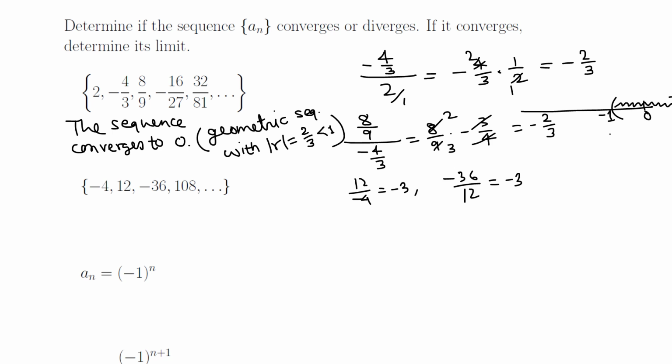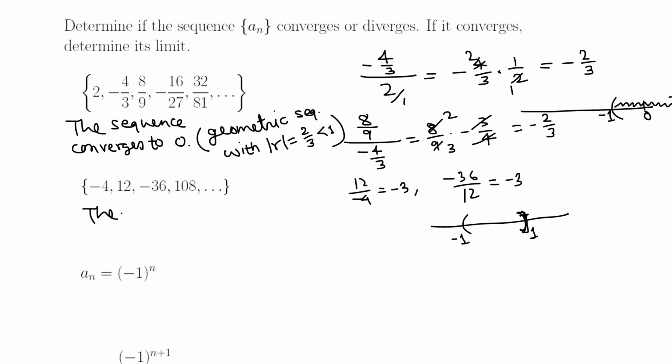If we look at the previous one, we have to have the ratio between negative 1 and 1 so that the limit will be 0. Even for 1, that's fine. When there is 1, the sequence still converges, but not at 0. So if it's less than 1, it converges, outside it diverges.